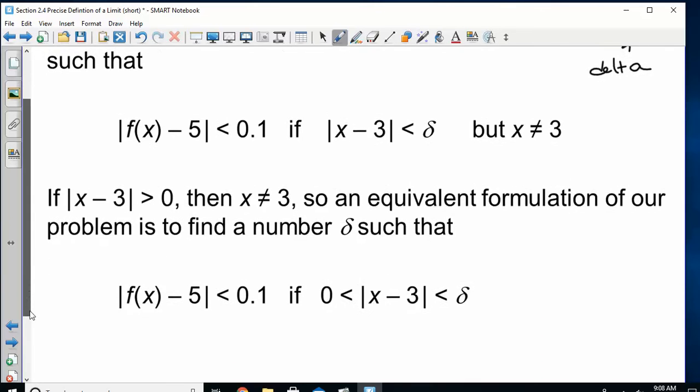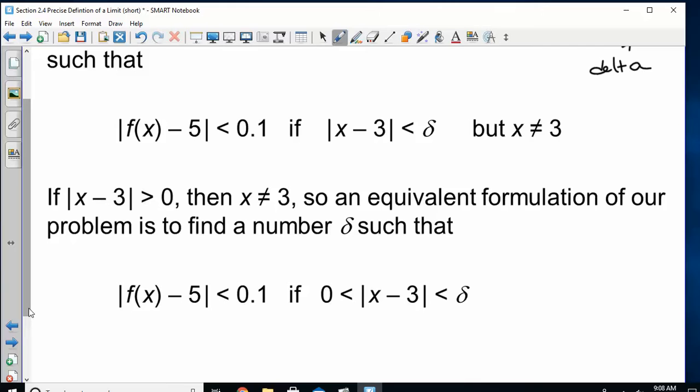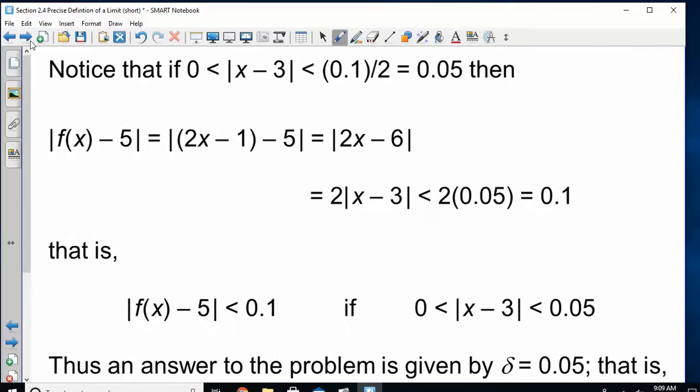We know x isn't going to equal 3 exactly, so you could also see it as the absolute value of x minus 3 falls between 0 and delta. It's a little redundant because we know absolute value is already positive anyway, so you really don't have to include that. So I'm trying to justify how I might get there here.